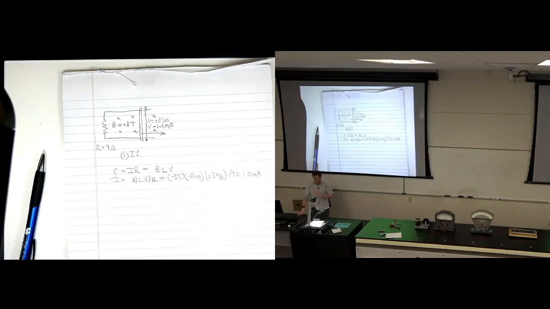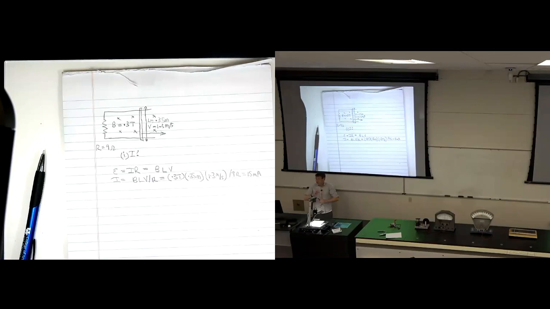The reason we have to apply a force is we've got an induced current that's flowing in this circuit. That induced current in the rod is going to experience a magnetic force. That magnetic force actually will try and slow down the rod.